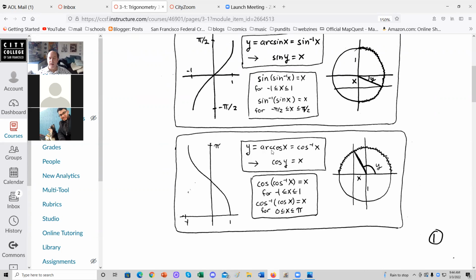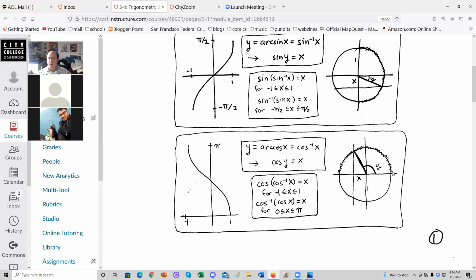Arc cosine, written this way, arc cos and cos inverse. y is arc cos x if and only if cosine y equals x. So here we have a unit circle, and we go back and forth in x, distance x along the x-axis, and we want to find out what angle y reaches it on the upper half of the circle.